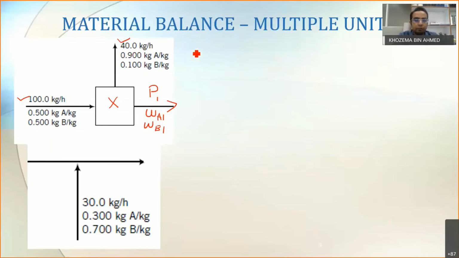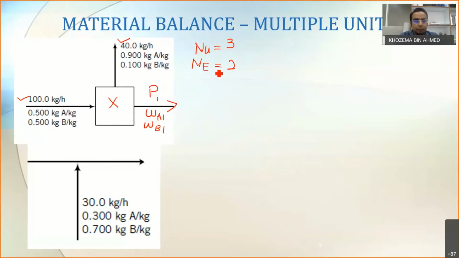Now I want to find my degree of freedom. First I find the number of unknowns. I have an unknown flow rate, P1, and unknown mass fraction of A and mass fraction of B. So the number of unknowns is 3. Now we find the number of independent equations. I have 2 components, A and B, so I have 2 independent equations.